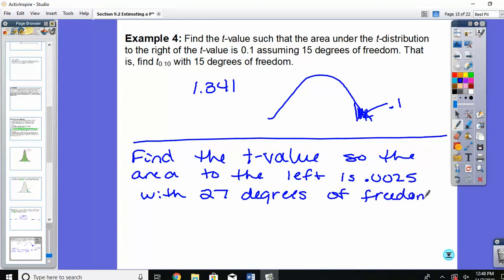Your normal table gave you both sides, the positive and the negative. The t-distribution table is smaller. It's expecting you to know a little bit about symmetry.